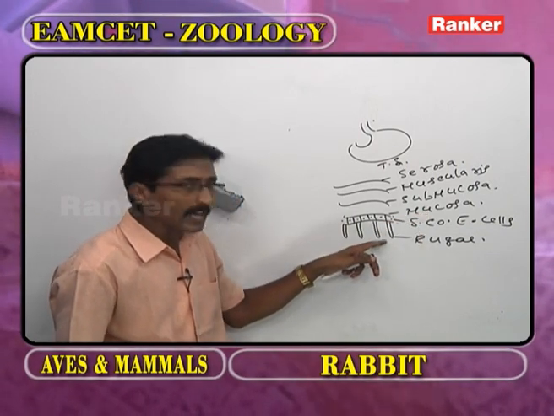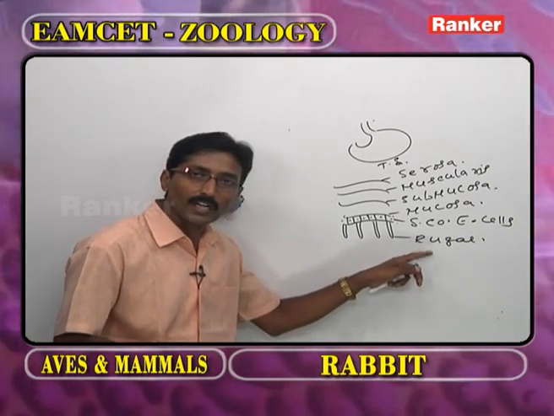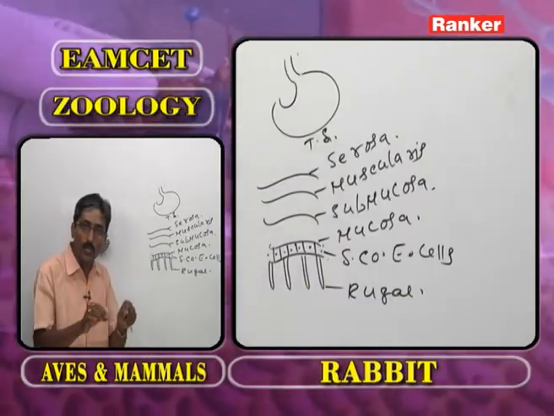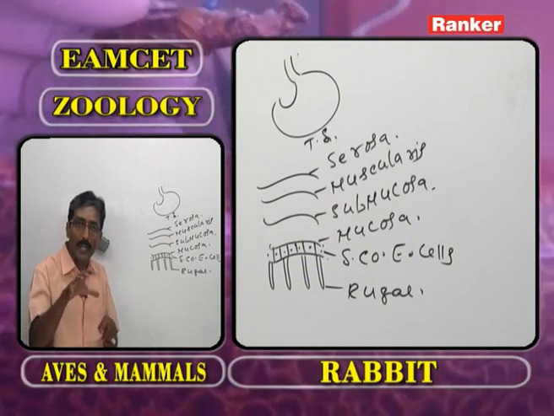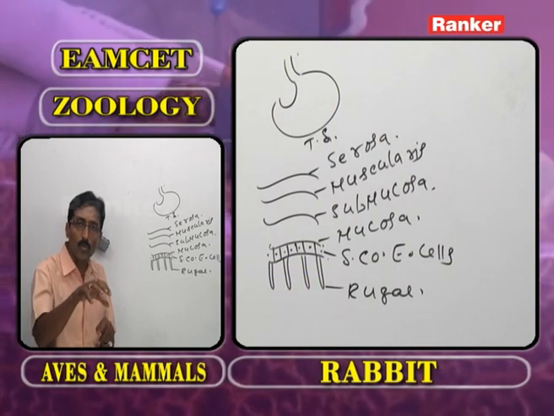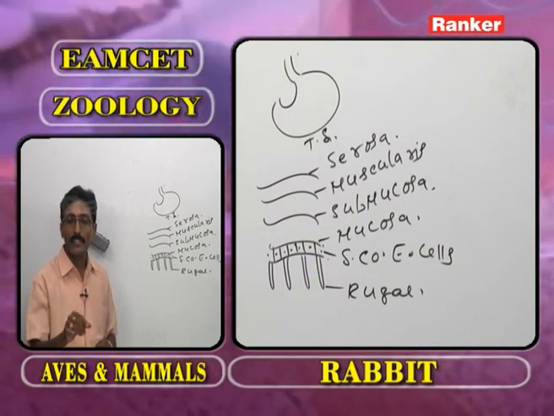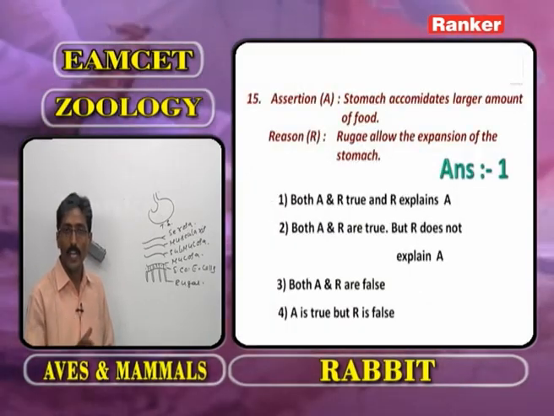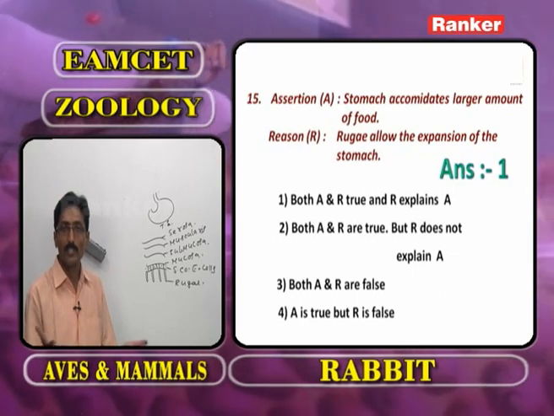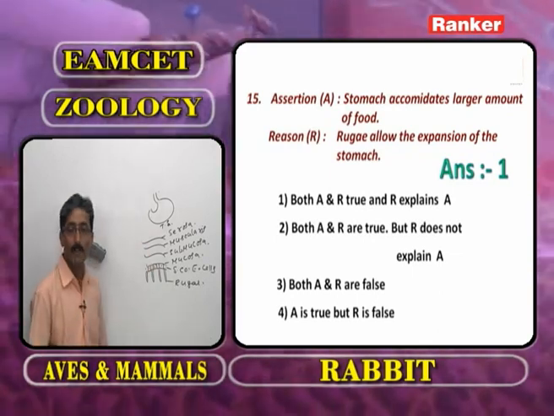The mucosa has finger-like foldings, called rugae. The rugae increase volume of stomach depending upon the amount of food materials. Now, the stomach accommodates larger amount of food materials. Rugae allow expansion of the volume of stomach. So, both are correct, R explains A.